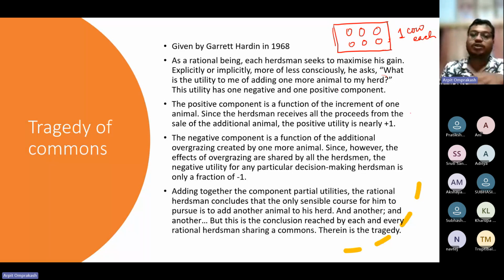The positive component is a function of the increment of one animal. Since the herdsman receives all the proceeds from the sale of the additional animal, the positive utility is nearly one. So as a herdsman, what I'm thinking is, if I get one more cow, whatever milk or resource I get out of it and sell, it will give me nearly one.